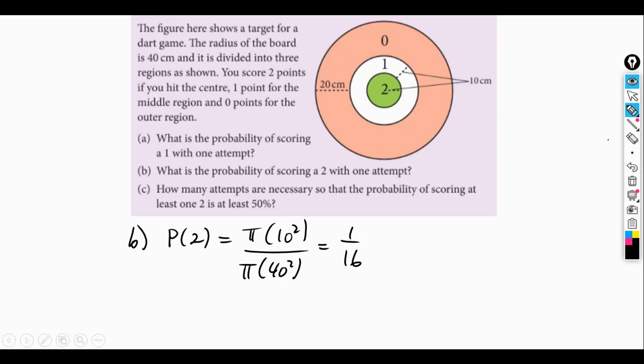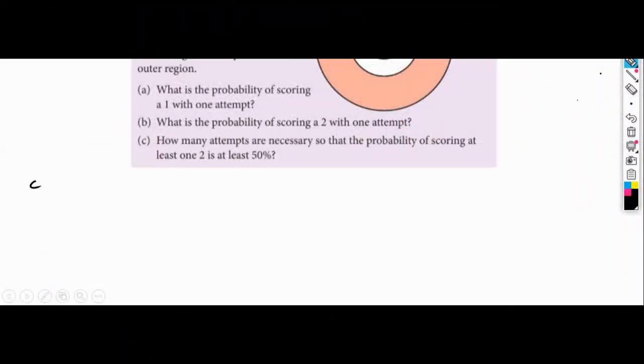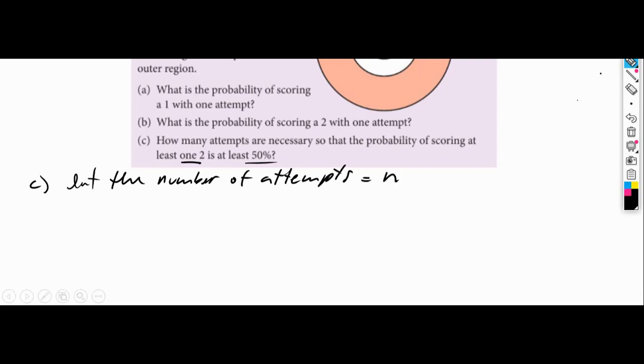So now let's do part C. For part C, it says, how many attempts are necessary so that the probability of scoring at least one 2 is at least 50%? So here we have to take several things into consideration. First, let the number of attempts be equal to n.